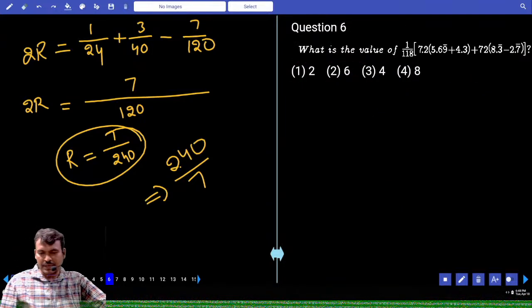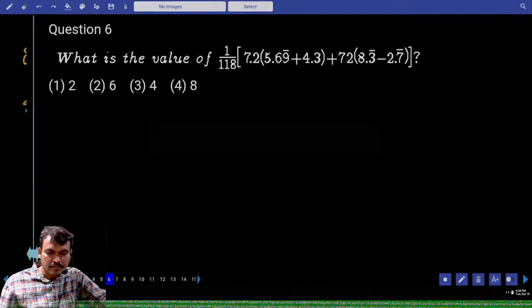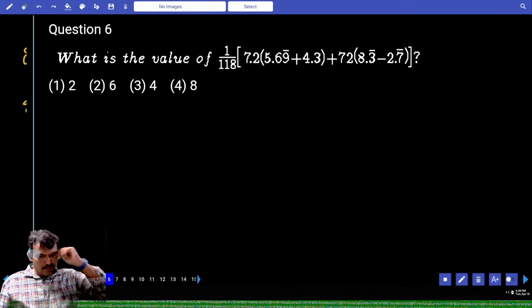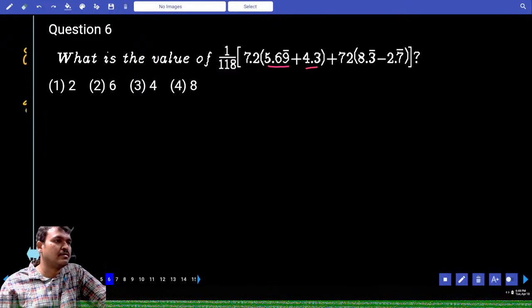Next, question number 6. First one. First priority is 7.2 multiplied by 5.69 bar plus 4.3.